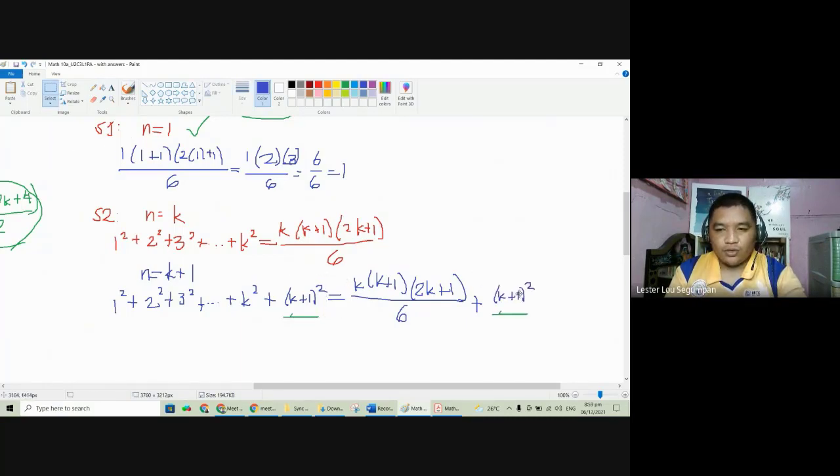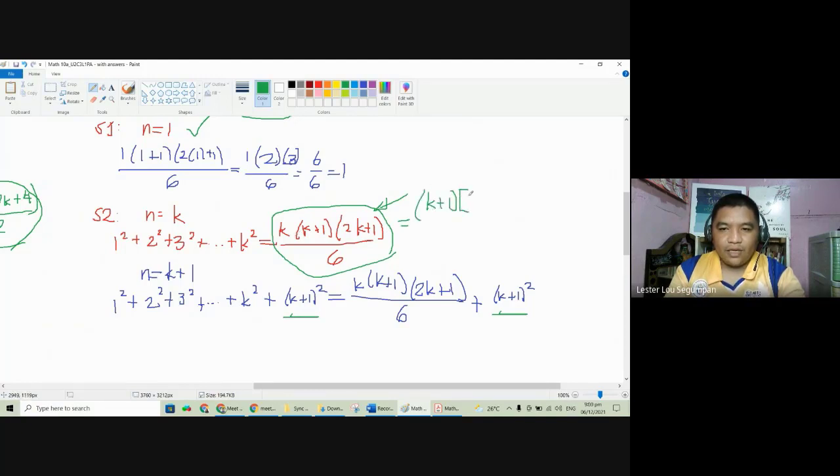This is what we are going to show, okay? But we have added the same here. And what should be its endpoint? The endpoint is when we are going to change the case here, just like what happened here, to k plus 1. So this is actually now the k becomes k plus 1.